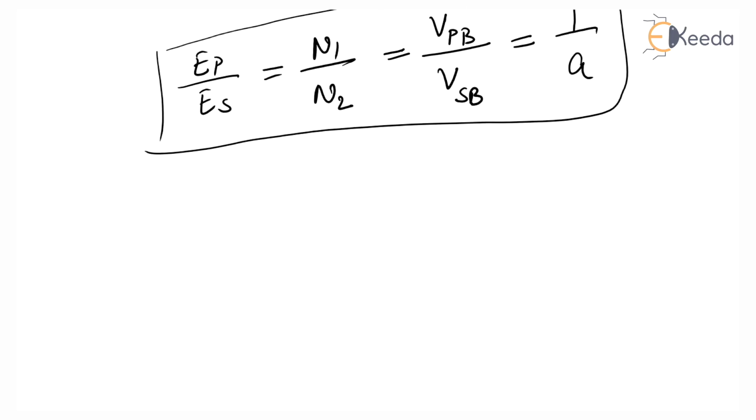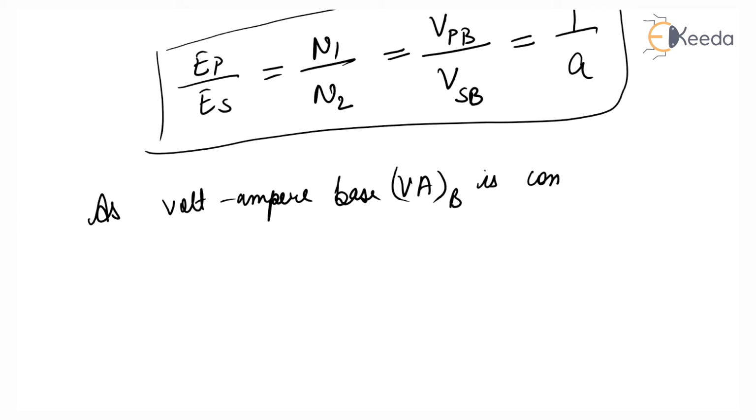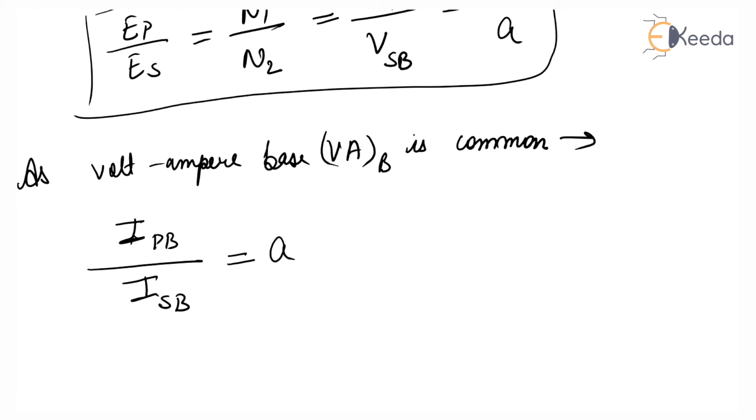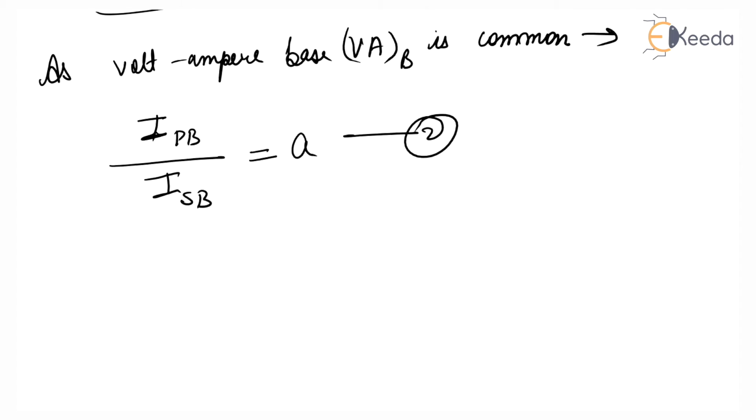So as the volt-ampere base, means VA base, is common, we can also write IPB upon ISB is equal to A. This is equation number 2. So how is IPB by ISB equal to A?